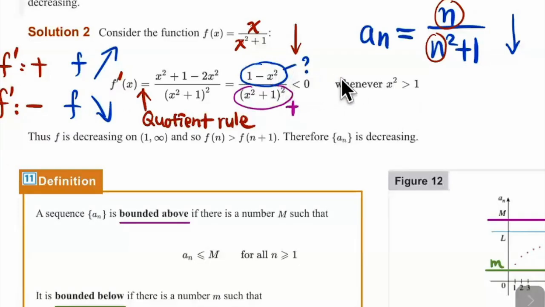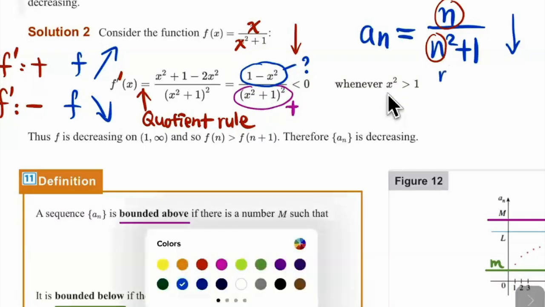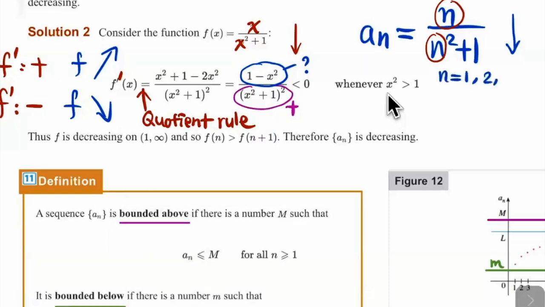Okay. So we know that. Well, what happened to n? n goes from what? 1, 2, 3, etc. Right? So you're only taking x squared when x is 1, 2, 3, etc. Would that be greater than 1? Well, except the first one, right?